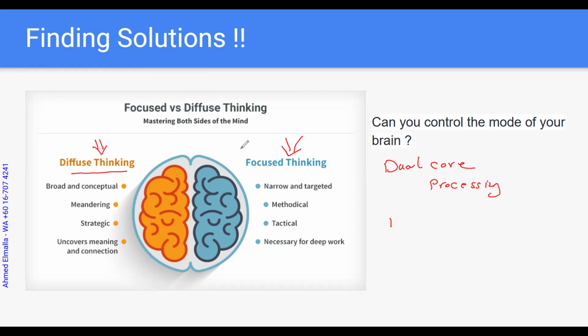How is it done? You are able to trigger the diffuse thinking mode if you go to the exam and mark every question that is difficult. And then you start with difficult questions. When you do that, definitely because it is difficult, you will get stuck somewhere. When you are stuck, leave the question as it is.